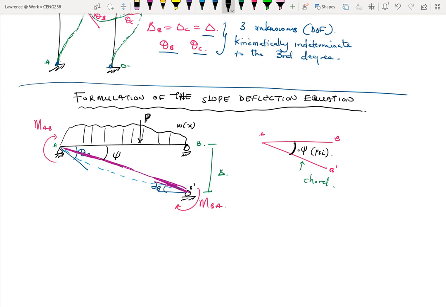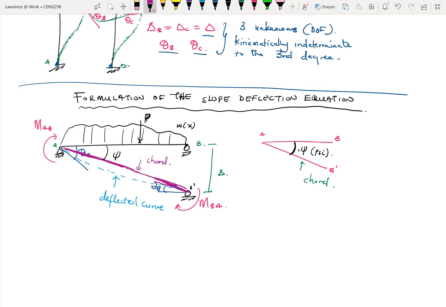Then this curve here is the deflected shape, or the deflected curve. Then this is the chord. Here is the chord. Great.